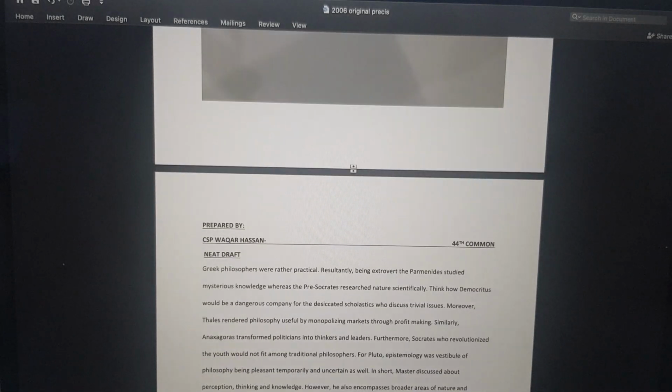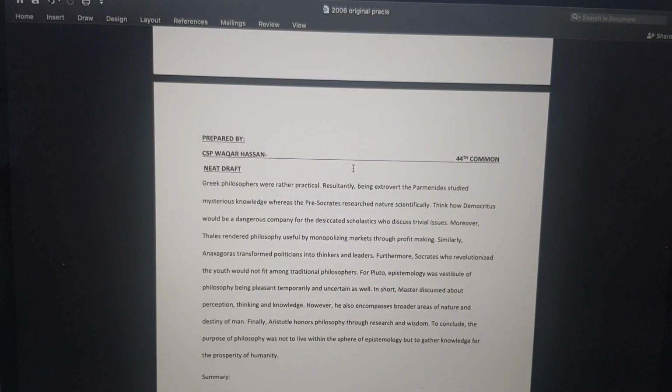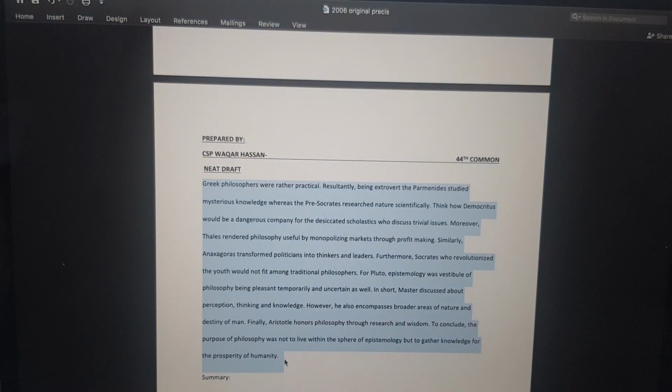And at the last, on the last page, you have to write a neat draft. You have to give the heading neat draft, and write this single paragraph as a neat draft. No cutting, no addition in the neat draft. Simply copy and paste from the rough draft after making required amendments, and then give the heading of summary.